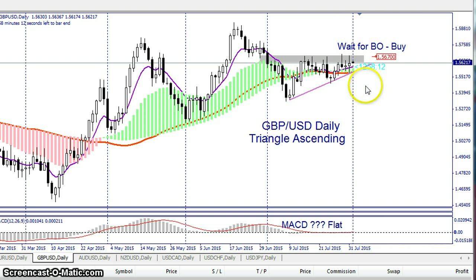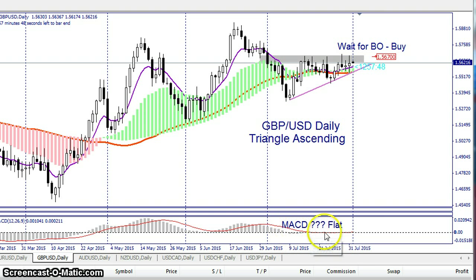With an ascending triangle, the tendency is for price to break out of the triangle to the upside, so what we want to do is wait for a breakout and buy when price is above the 156.70. Now here we look down below for the overall trend direction.